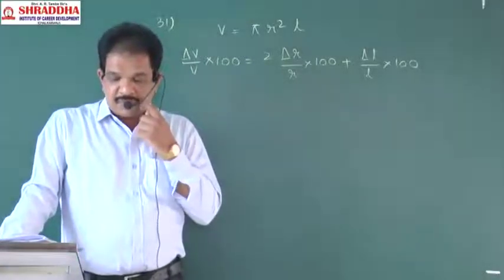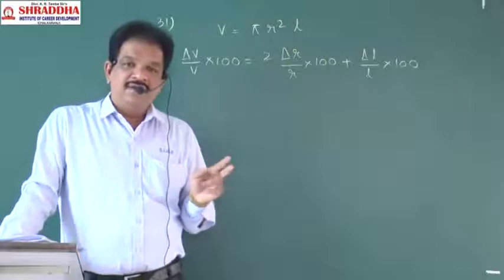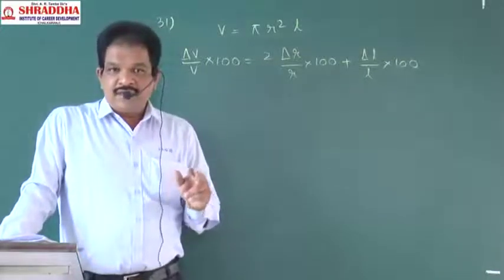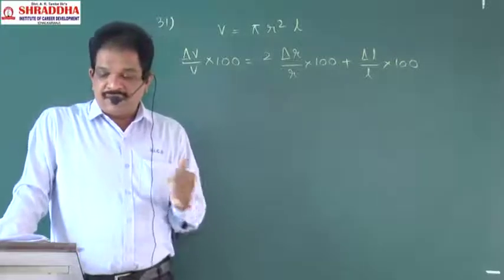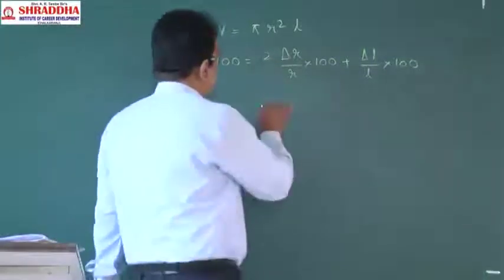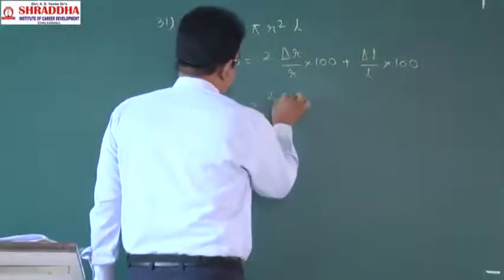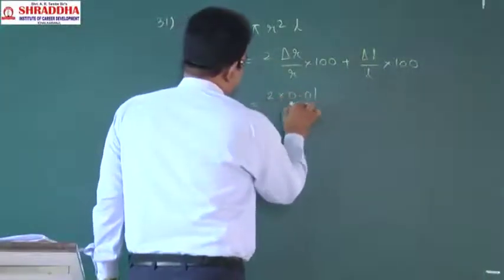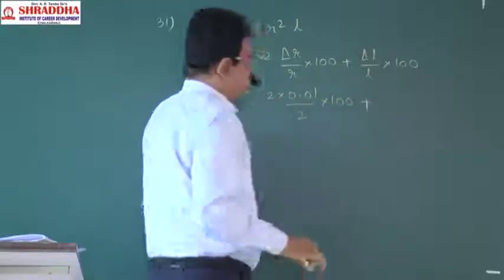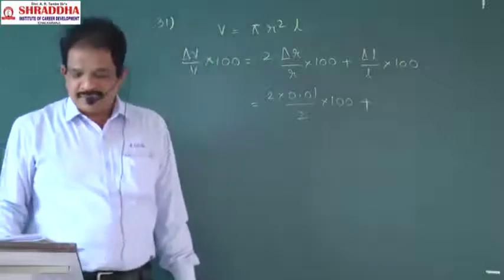So what they are giving, radius is 2 centimeter. Error in the measurement of radius is 0.1 millimeter. So 2 into 0.01 by 2 into 100.